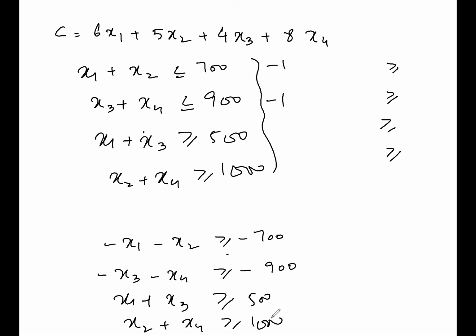So now we will write it in matrix form, because all the constraints are in greater than form and we are given a cost function. If we write it in matrix form, it will be -1, -1, 0, 0, -700. The second constraint will read as 0, 0, -1, -1, -900.